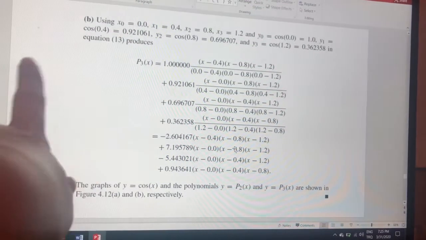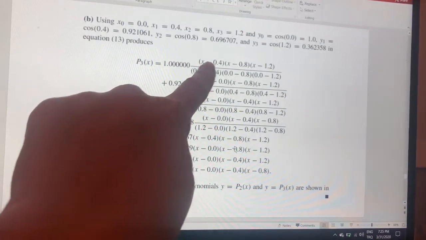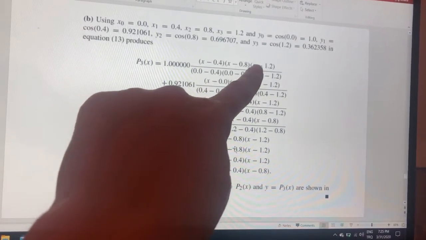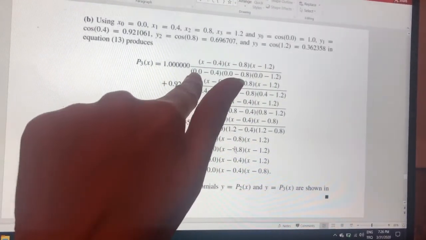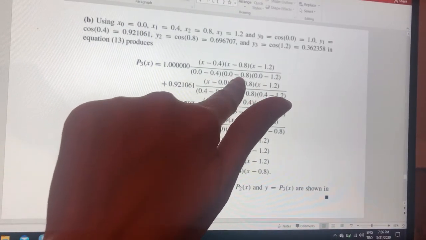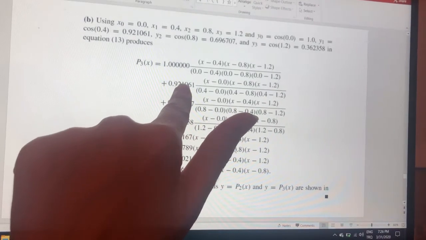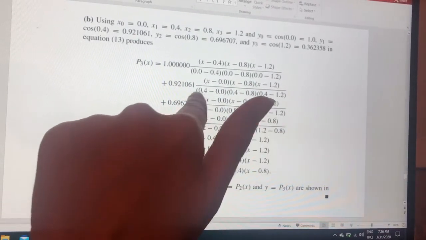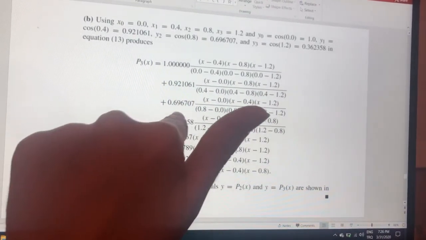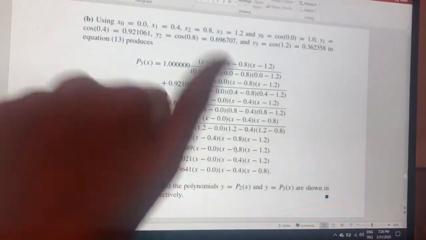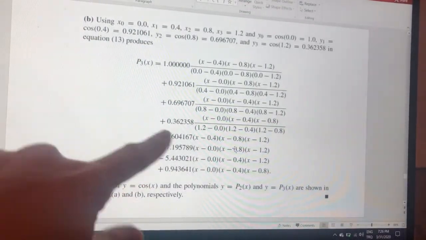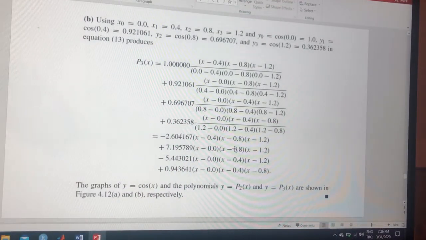And the idea is that f of x0, (x minus x1), (x minus x2), (x minus x3), over (x0 minus x1), (x0 minus x2), (x0 minus x3). And for f of x1, this time there will be no x1 here, and x1 is going to come in the denominator. Then f of x2, f of x3. Once you write that, you can multiply it out and you will get a third order polynomial equation.